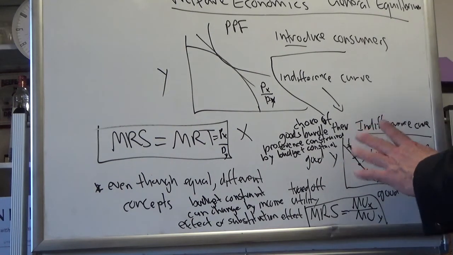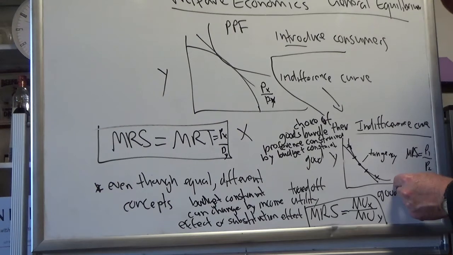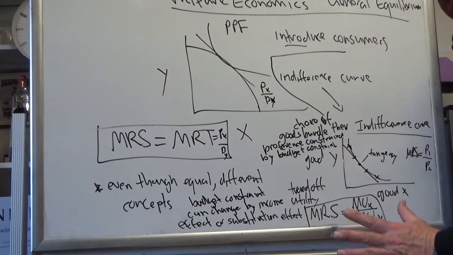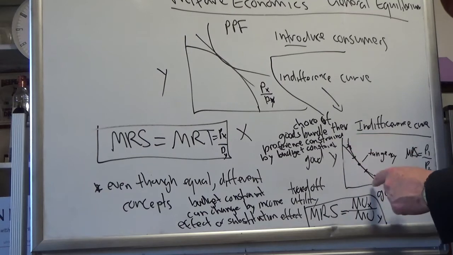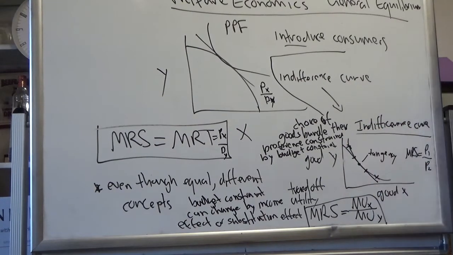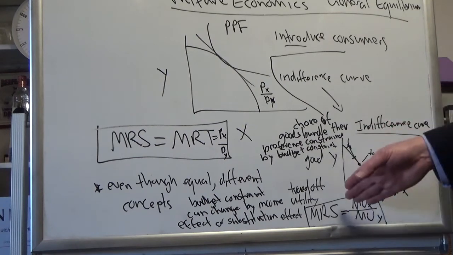I won't draw a diagram, but another budget constraint with a different price of good X might be here up to there, and good Y price hasn't changed. That's the substitution effect. Similarly, the price of good Y could change, and the price of good X stays the same, and there'd be a movement here with the same price for good X. That's the substitution effects. Income effects is more income, less income.